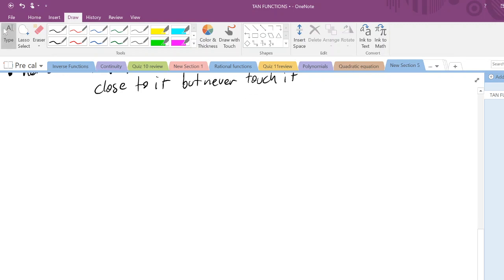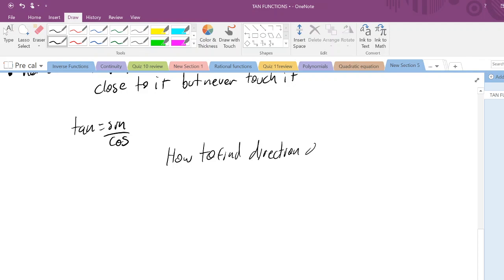So let's pay close attention. Like I said, tan equals sine over cos. So let me rewrite it: tan is equal to sine over cos. This is how we're going to find the direction of the graph.